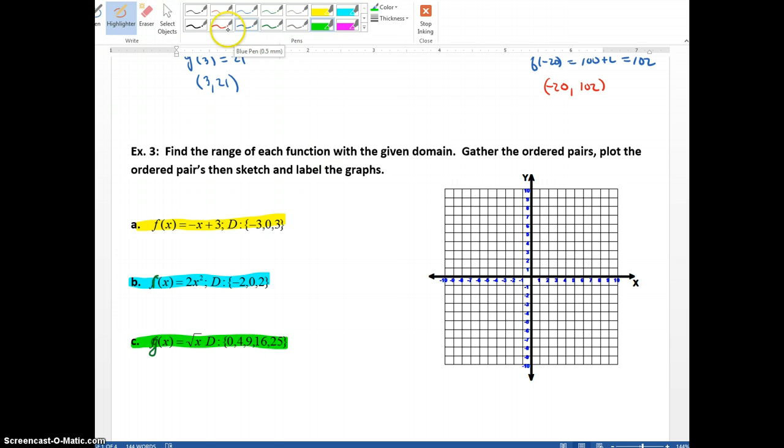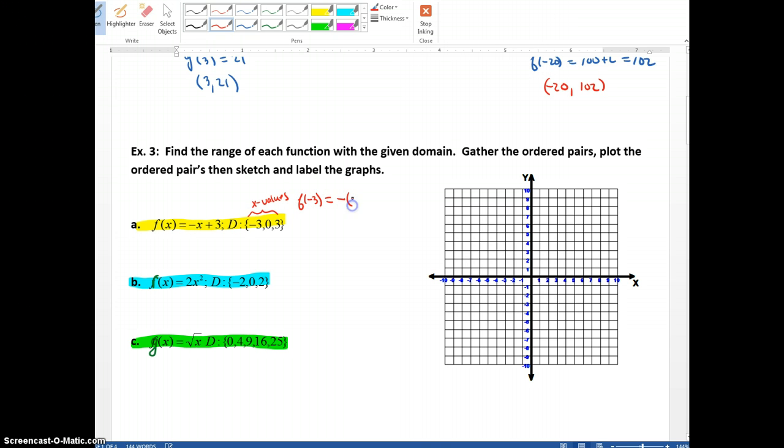Now, the first function, f of x. We are given the domain. And you got to remember, domain is your x values. So, given this domain, we want to find the corresponding range. Okay, but then we want to basically go ahead and find the ordered pairs also. So the first one we're going to evaluate is f of negative 3, meaning we're going to input negative 3 into this function.